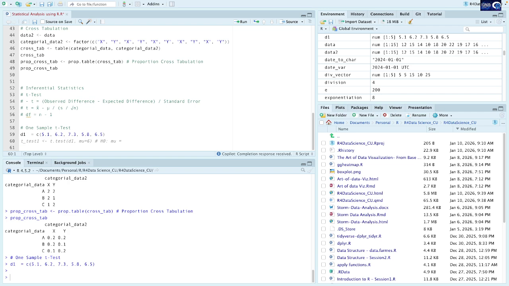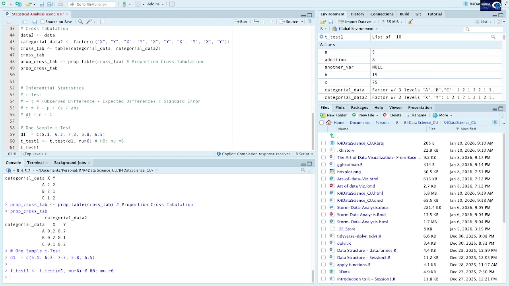For the test we can use the code t.test, where d1 is our data and mu is the assumed or hypothesized mean, that is 6. So we are checking whether this data follows an average value of mu 6.